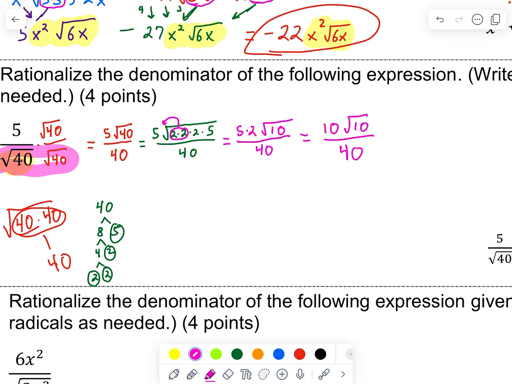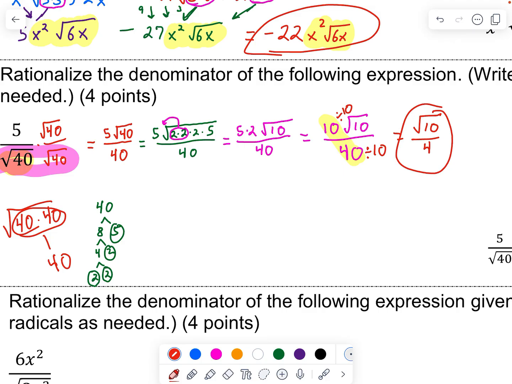And I just have this number yet here that I can simplify. 10 over 40, the numerator and the denominator can both be divided by 10. 10 divided by 10 is just 1, and I don't need to write that 1 there. It's understood that I have 1 square root of 10 there. 40 divided by 10 is 4. And there's my simplified answer.